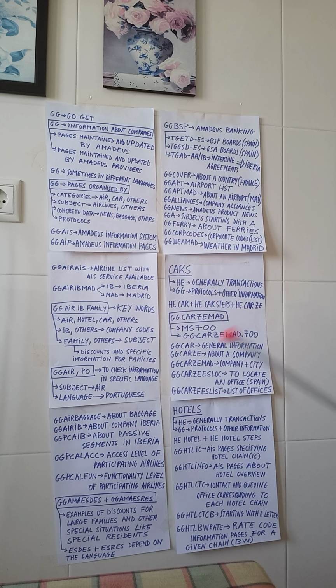The second thing, this one, it gives us is information about the specific company, which in this case is Iberia. Iberia is represented by the IB code, which can be replaced by another code if the company is different.